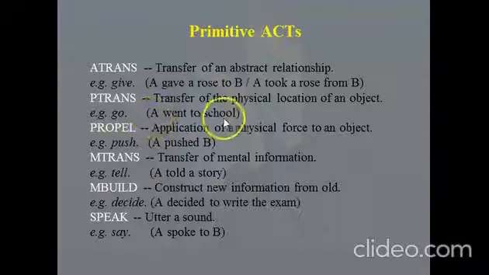So A went to school. For this went, we will be using p-trans. Likewise, we are having so many primitive activities. So many means, to be precise, we are having 11 activities which can depict any sentence based on actions with these 11 primitive acts.